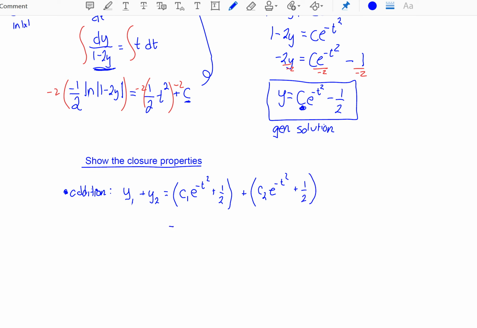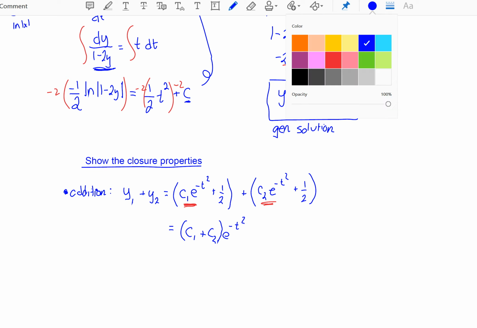And if we add these two individual solutions together, we'd probably combine similar terms. So let's combine the exponential terms. That'll have a common factor of e to the negative t squared. So maybe (c1 plus c2) e to the negative t squared.